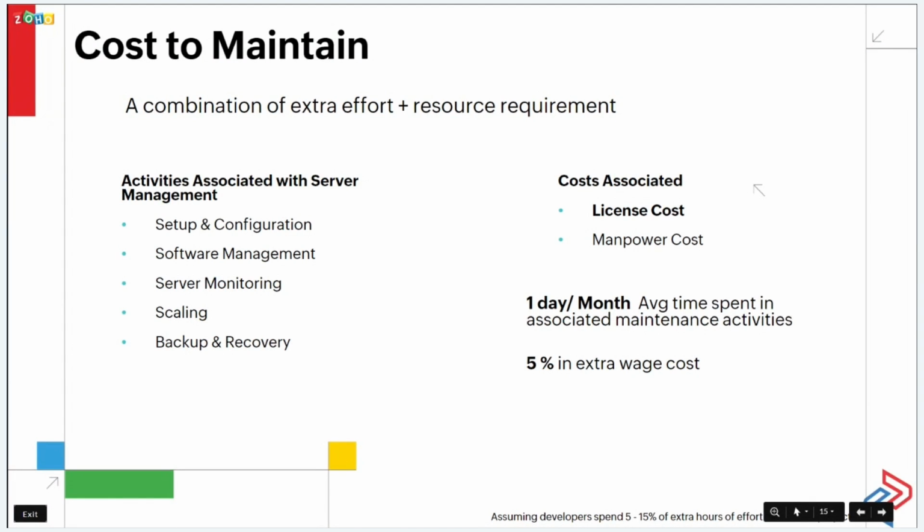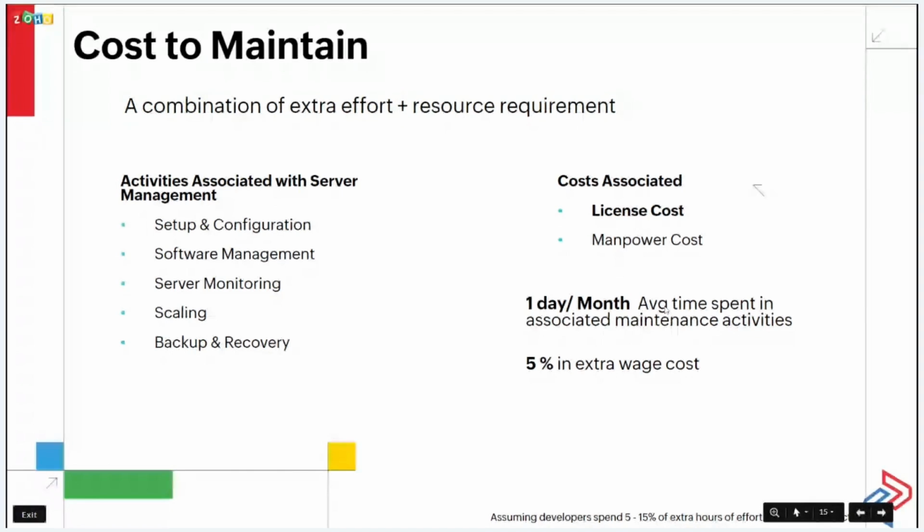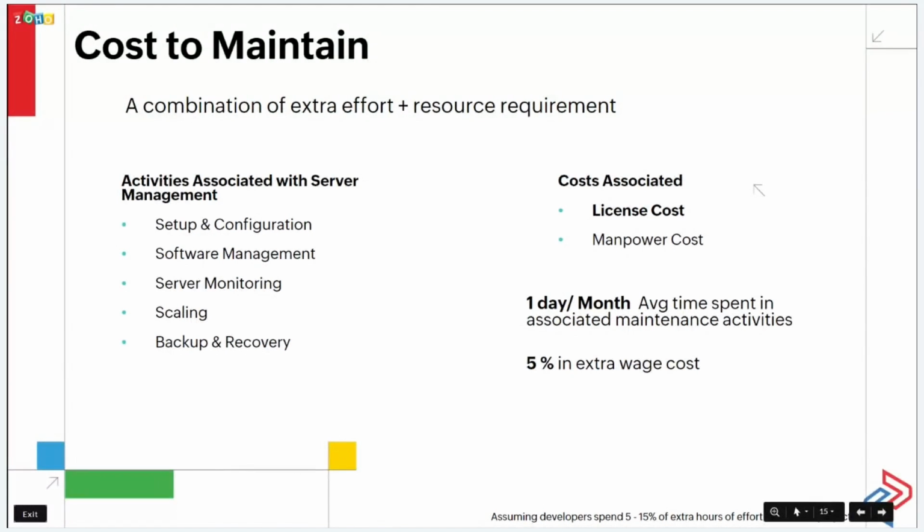So as we saw, there would be a 10 to 30% increase in time required for the development of all the efforts from a server management perspective. We estimate that 1 day a month in a 20-day working month would on an average be spent in maintenance activities. So if you were to have the same developer do it, that particular developer would spend at least 1 day in a month, which would mean 5% in extra wage cost and 5% similar to it in time cost.